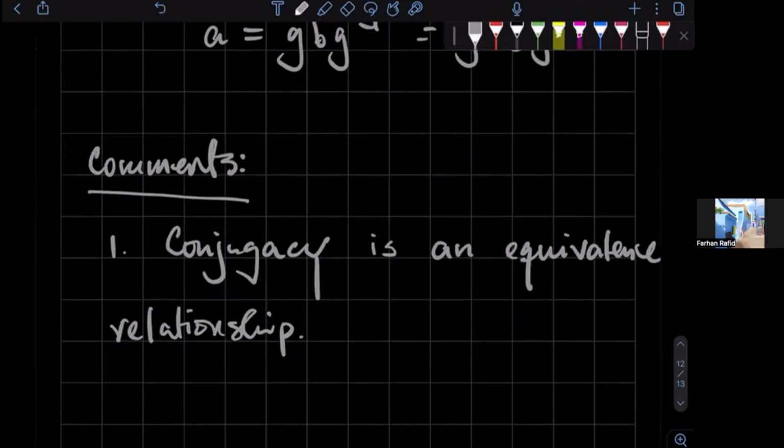Those two operations, rotation by 90 degrees around the x-axis and around the y-axis, are related by a conjugate. They are conjugate elements.